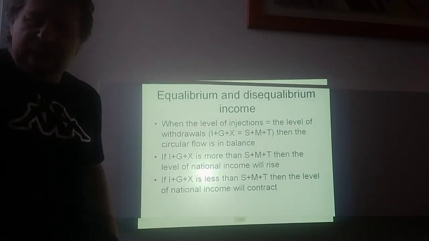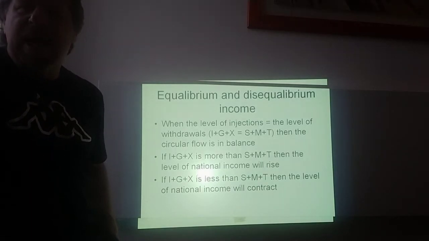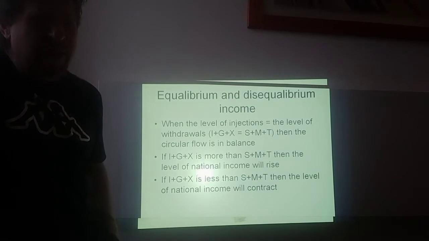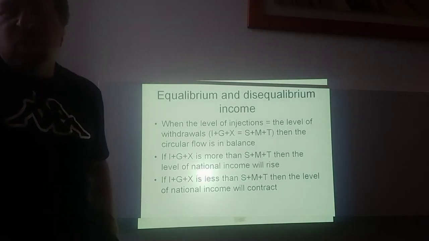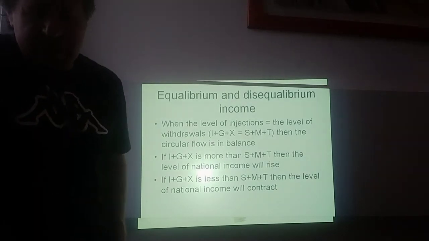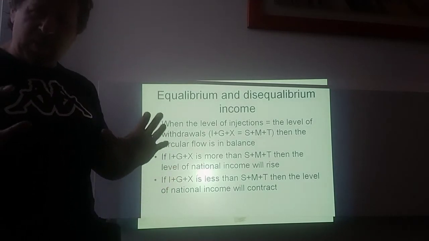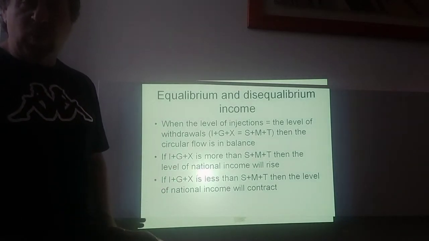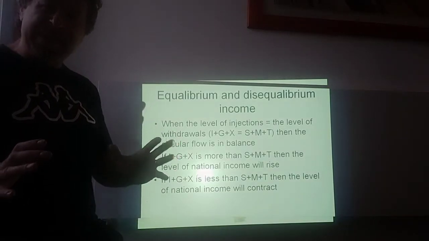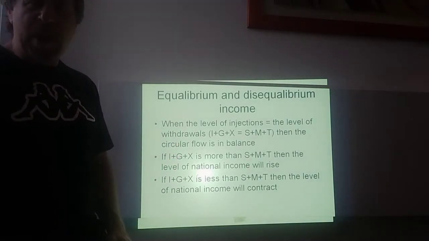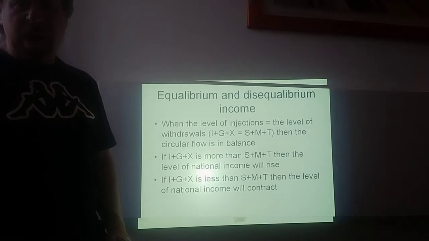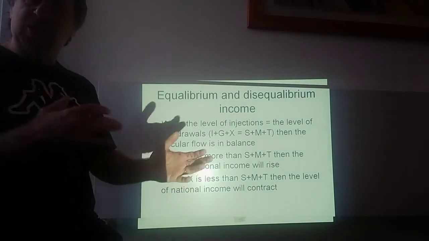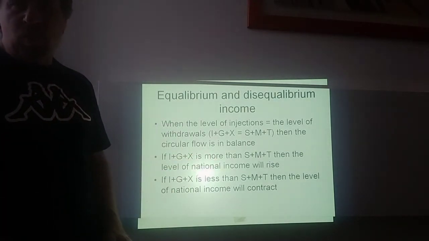The book and A level talk about equilibrium and disequilibrium. Obviously, when injections equal leakages, the economic system is in equilibrium, and it becomes disequilibrium when you have more or fewer injections than withdrawals.